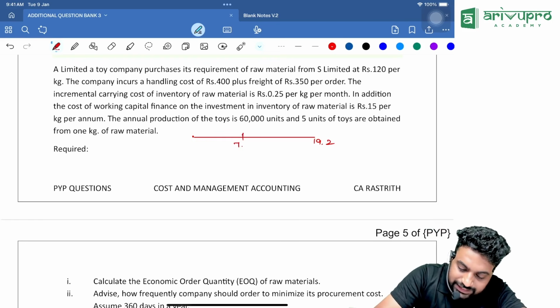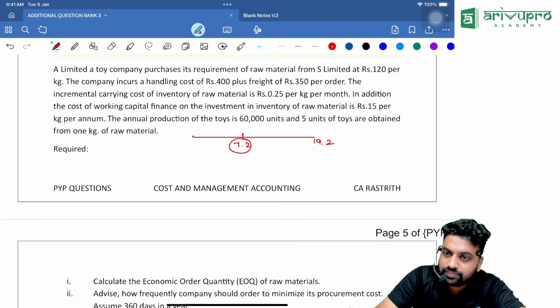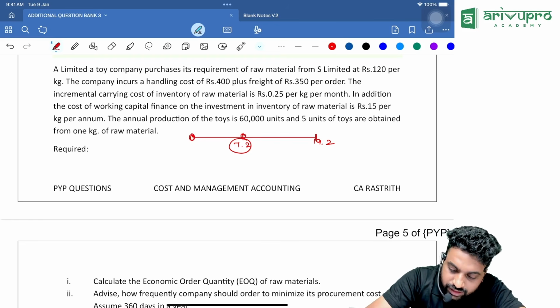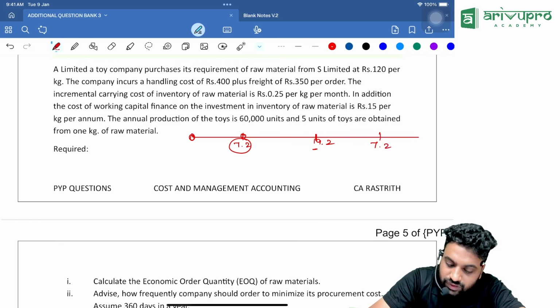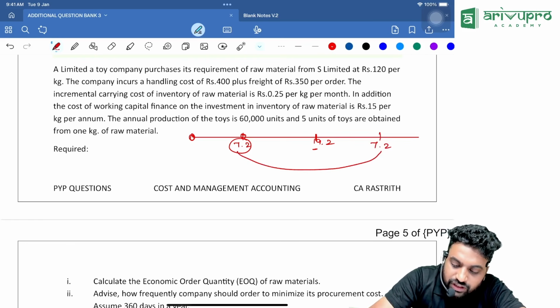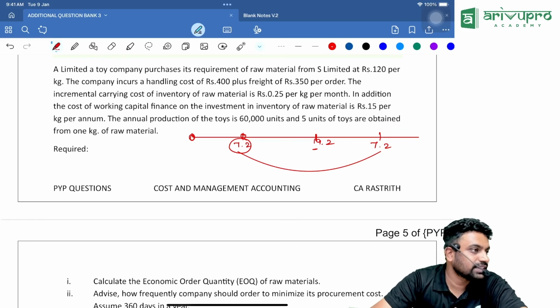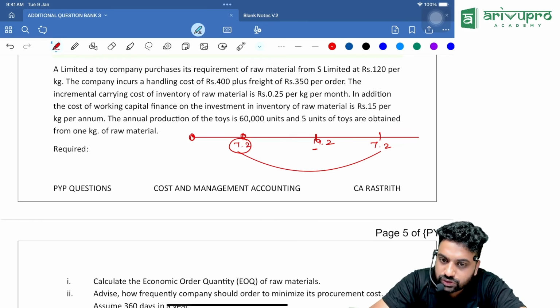On the 7.2nd day, I place the order. Now try to understand. Here is one order. Here is another order. Now in this I will receive the order. Once I receive the order, again I can push for the next 7.2 days. Which means from this 7.2 days till this 7.2 days, I will get a time, which is basically again 19.2 days. Hope you guys understood.